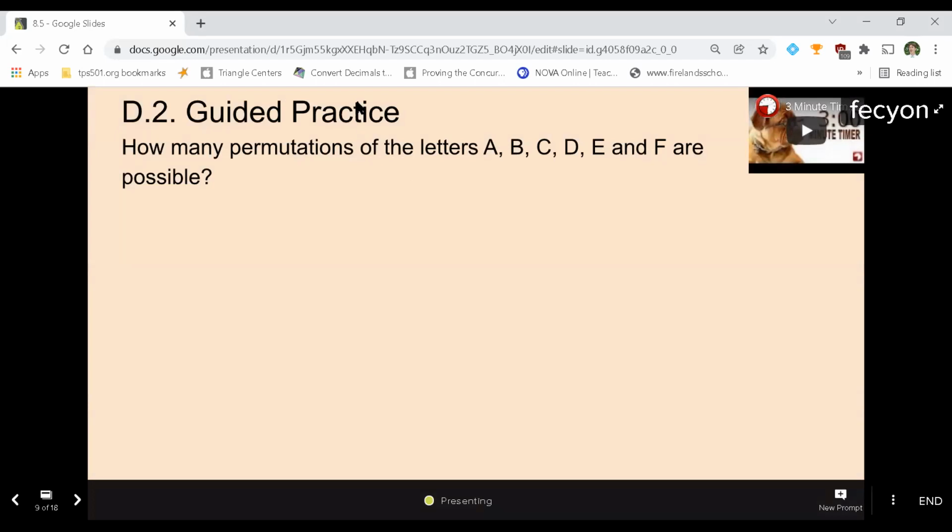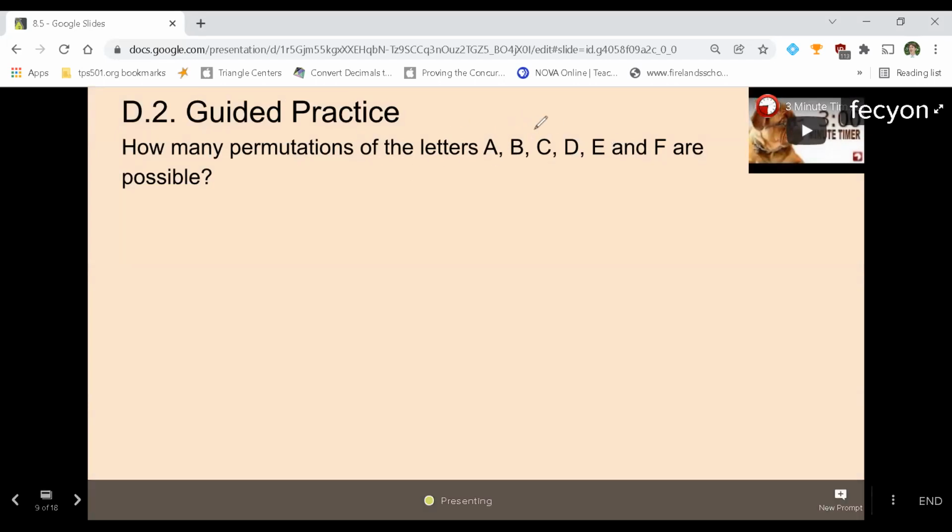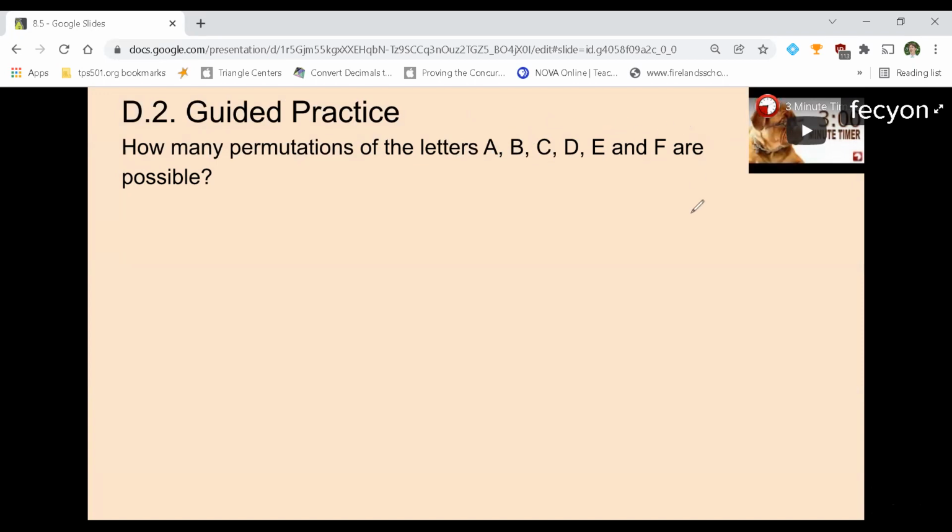So for example, how many different ways can I arrange the letters A, B, C, D, E, and F? I'm going to give you 2 this time. I'll give you 2 ways you could do it. The first way will shock you. That's one way to do it.